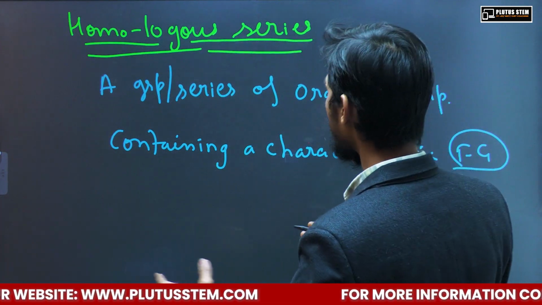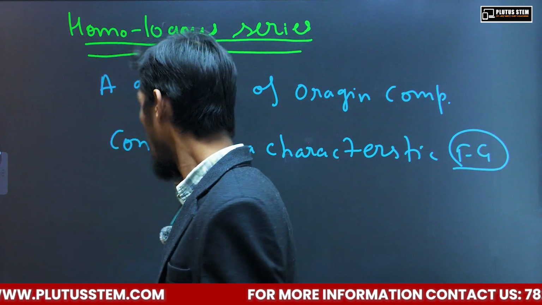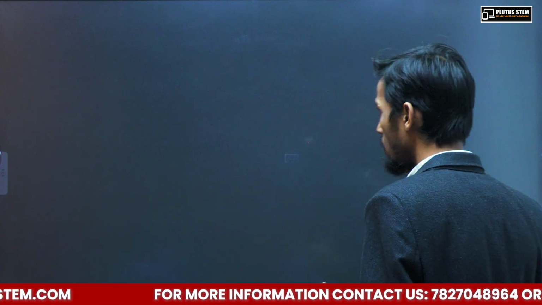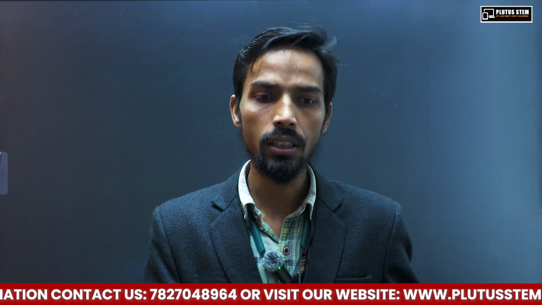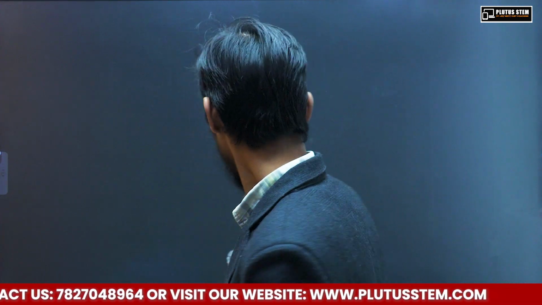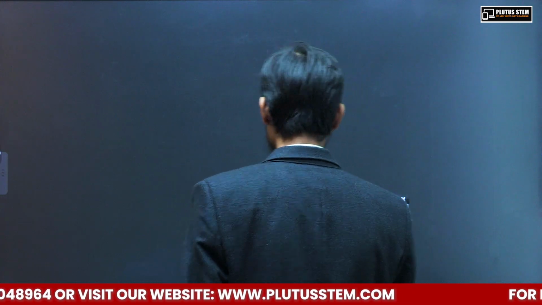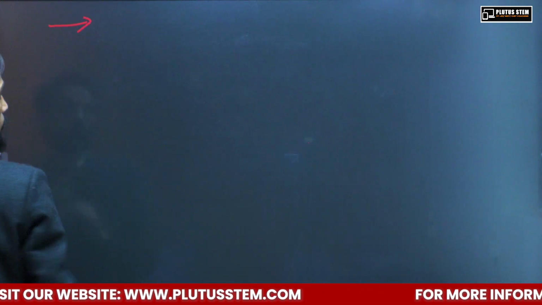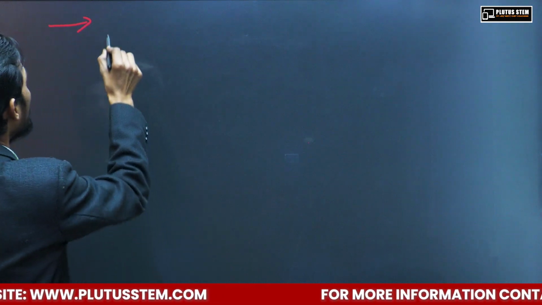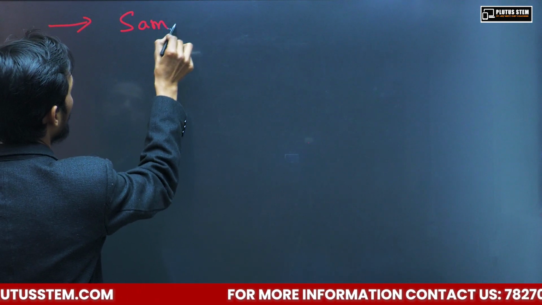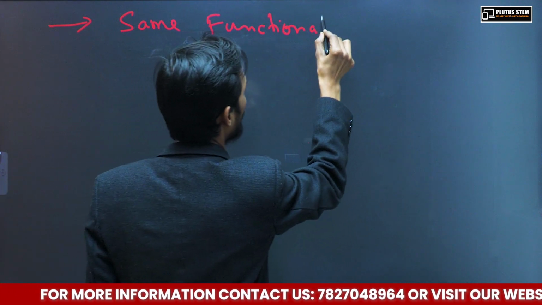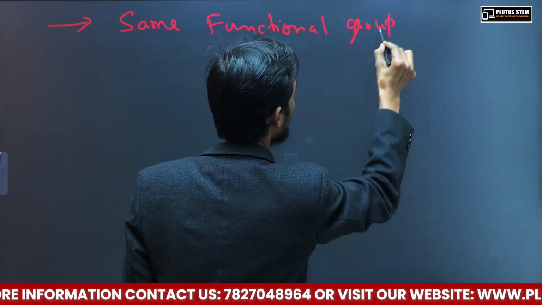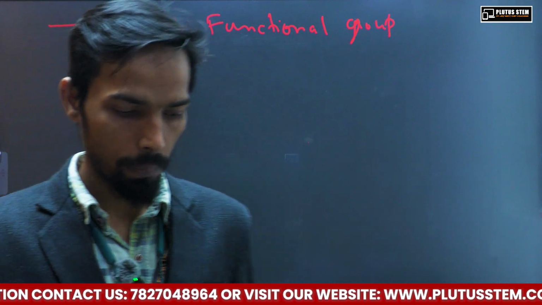So it is not like any series is going to be called a homologous series. There are a few criteria on the basis of which we can say this is a homologous series and this is not a homologous series. If we want to call any series or any group a homologous series, it must possess the same functional group.